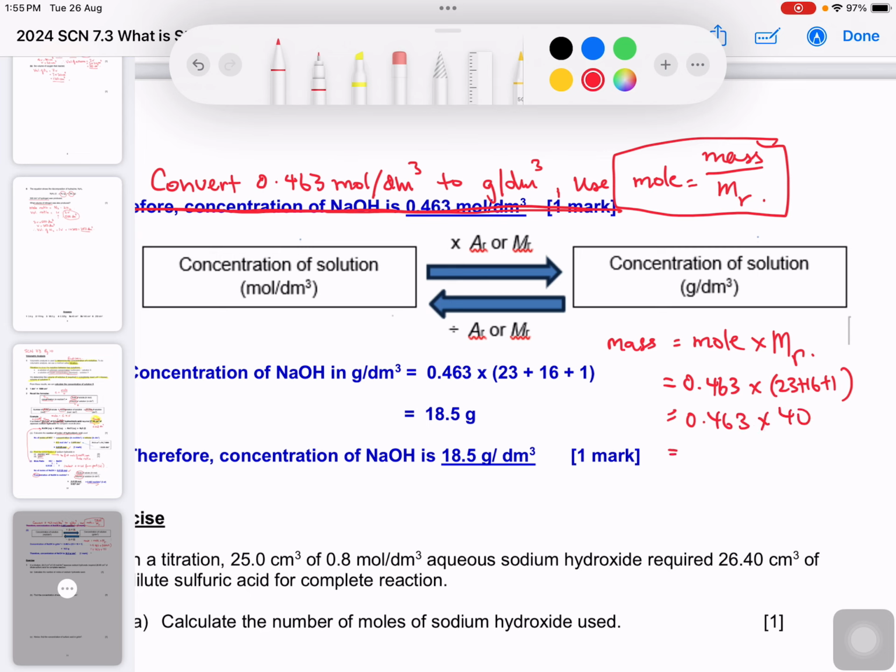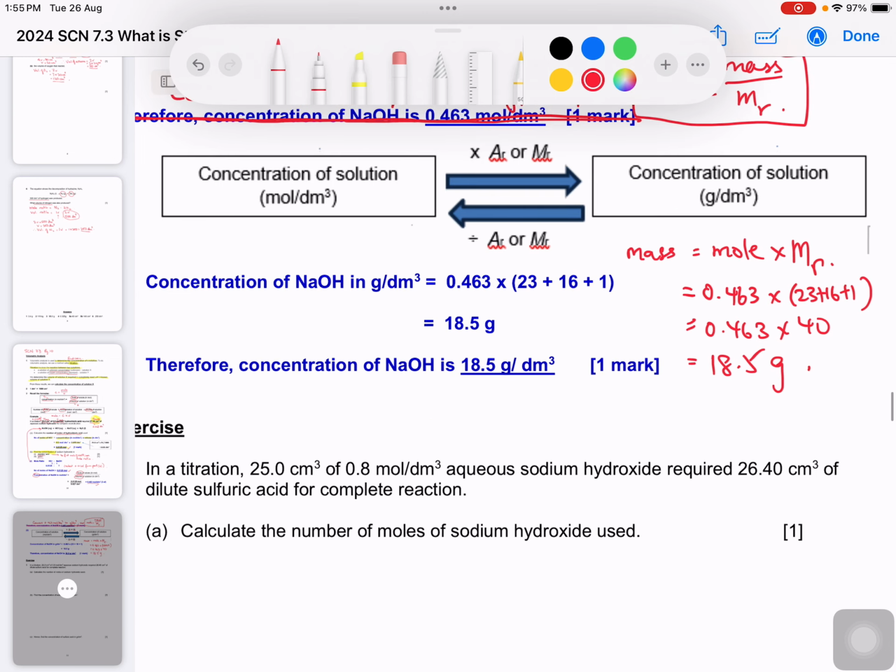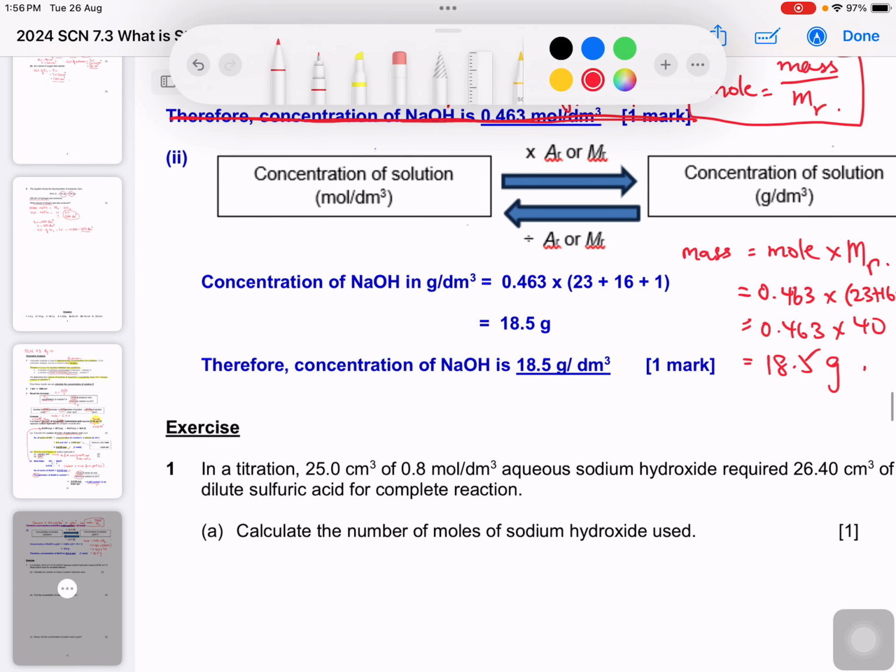And that should give us an answer of 18.5 grams. Correct? So therefore, it means that this is mass. Then you have to write in the last part. Therefore, concentration in gram per dm cube will be equals to 18.5 gram per dm cube. Okay?